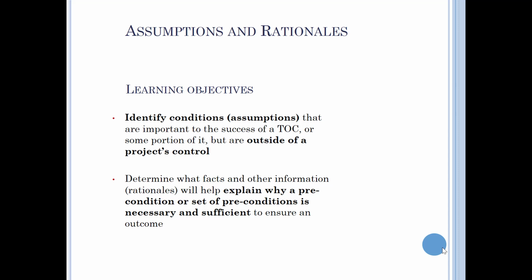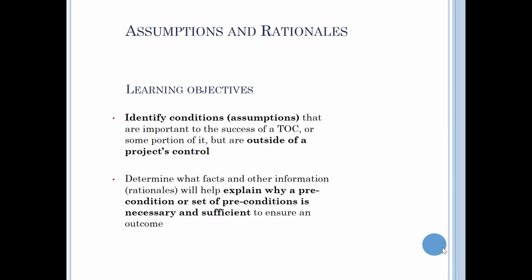So we need to identify conditions, which we call assumptions, conditions that are important for the success of the theory of change, or at least some portion of it, meaning that maybe you don't have to have conditions identified in all the pathways of change, but you need to identify them where they are important for the success of the theory of change.